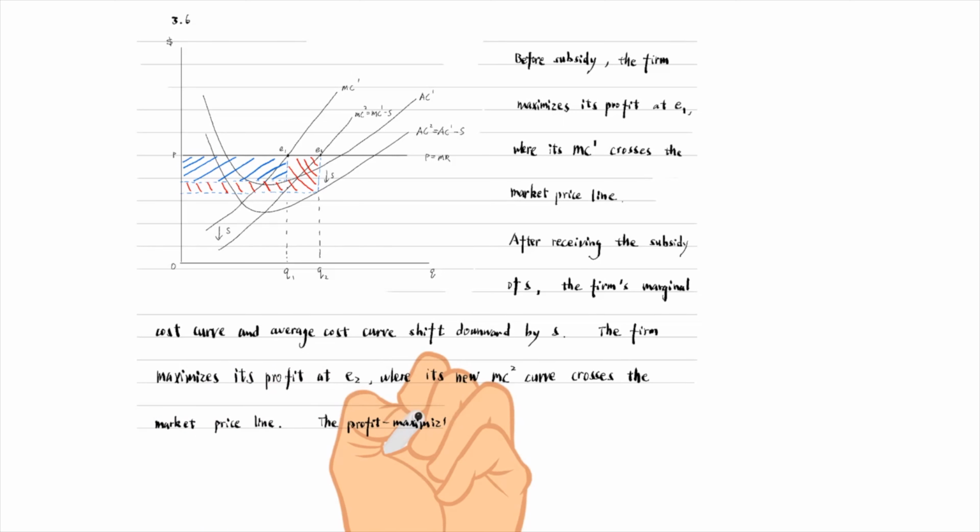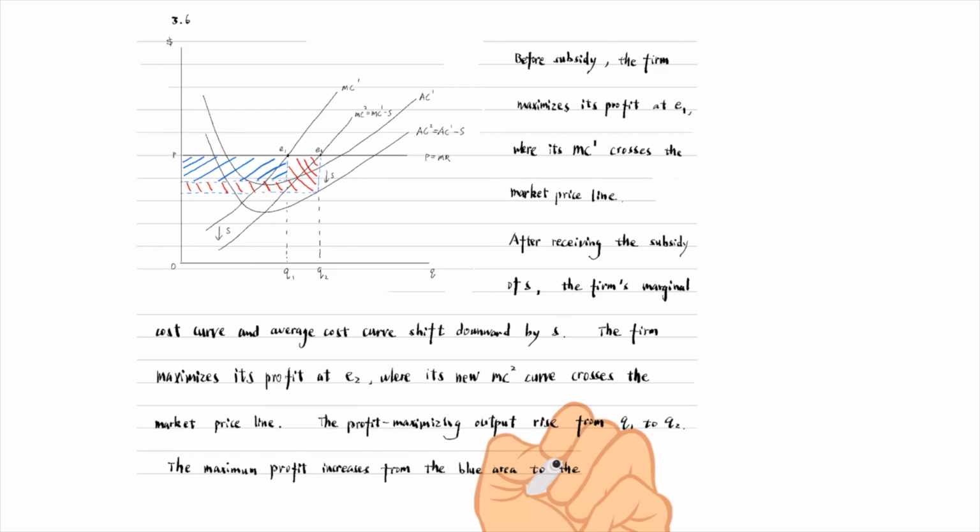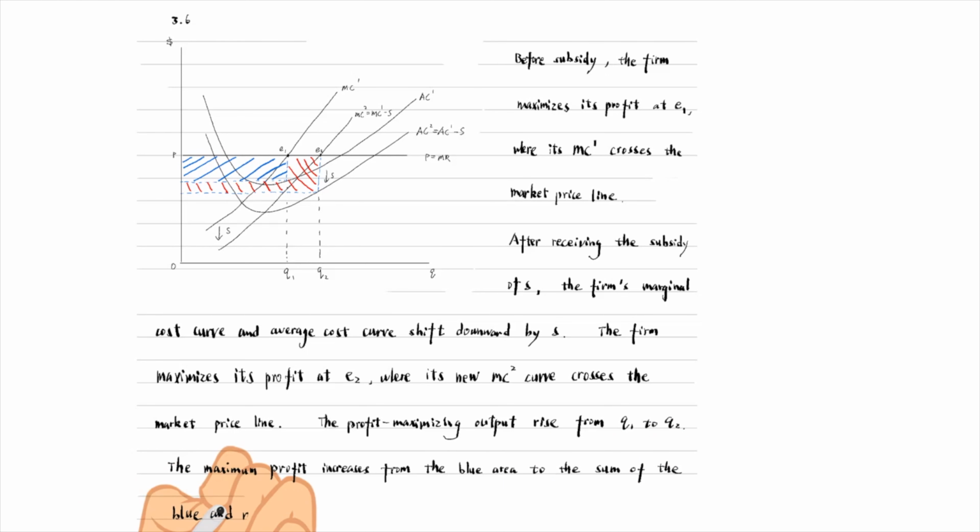The profit-maximizing output rises from Q1 to Q2. The maximum profit increases from the blue area to the sum of the blue and red areas.